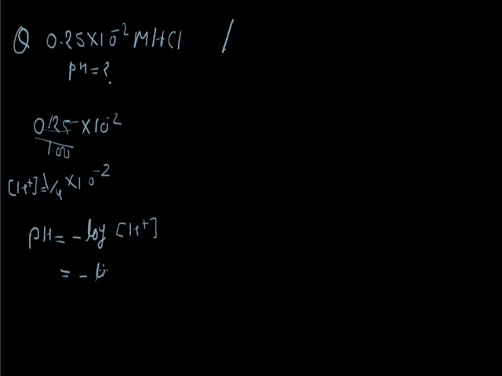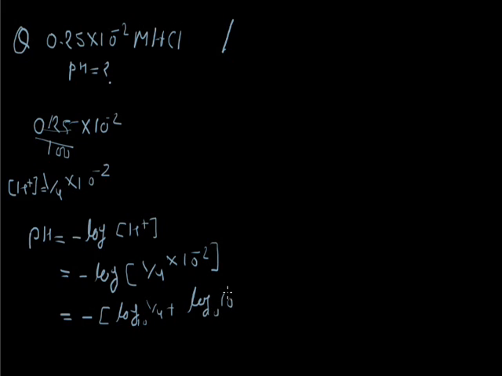This one is negative logarithm of 1 by 4 into 10 to the power minus 2. So negative, first one is m into n. So we open this bracket, log base 10 of 1 upon 4 plus log base 10 of 10 to the power minus 2. Now what you see, 1 by 4 is log m upon n, and this one is log m into n.